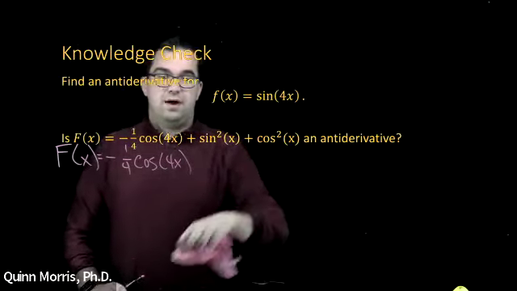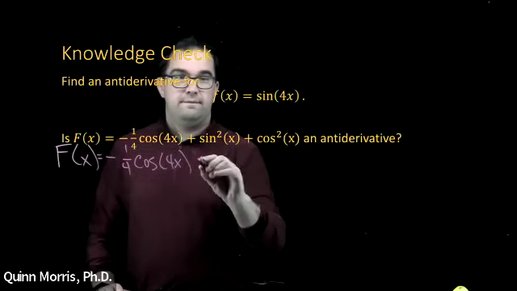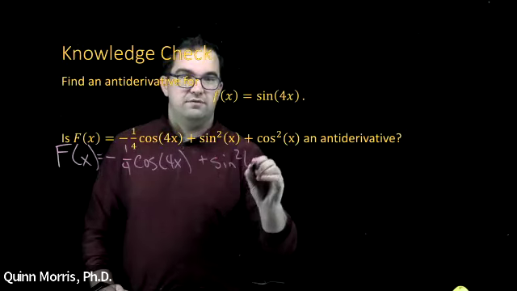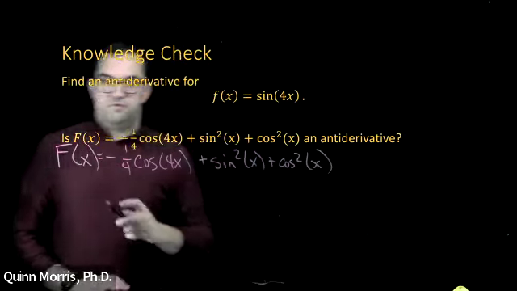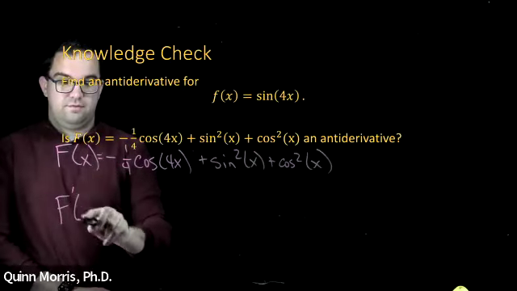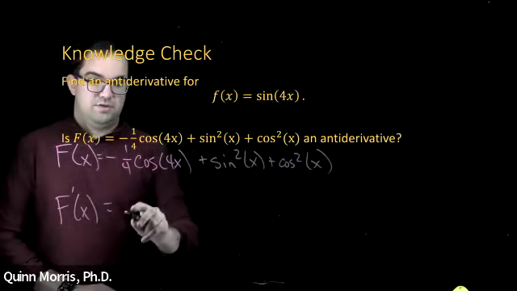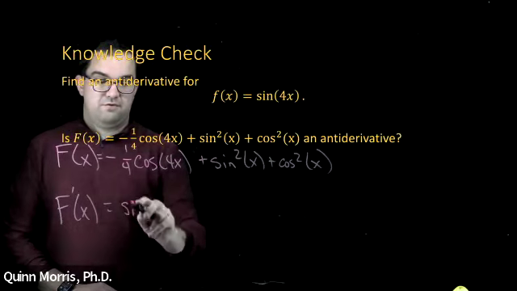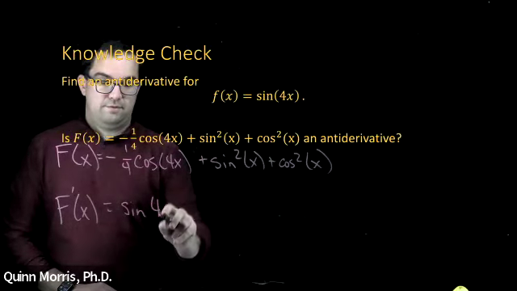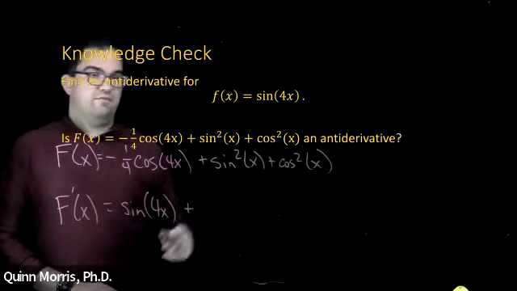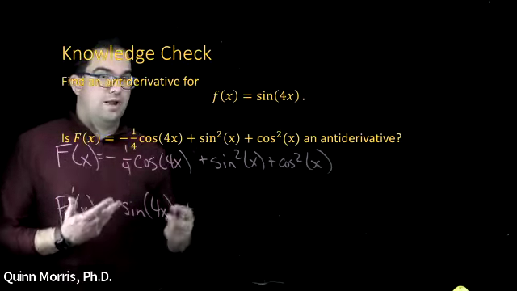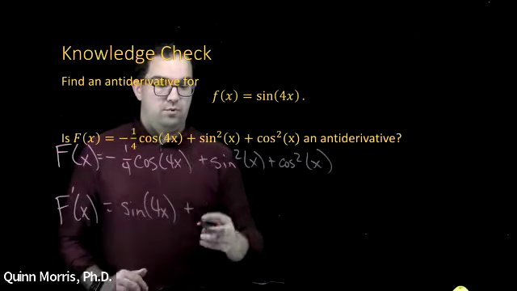The first would be to say, well, let me just check whether or not this is an antiderivative. So if I were to just take the derivative, okay, I know this part is going to give me sine of 4x. I've already checked that part. Now here, if I take a derivative, this is really sine of x squared, so this is going to be a chain rule problem.